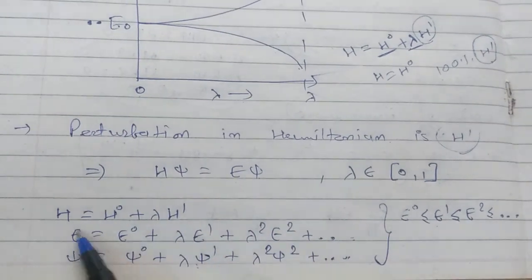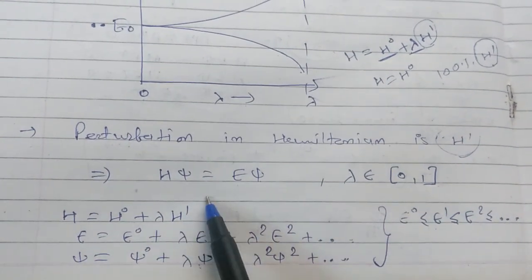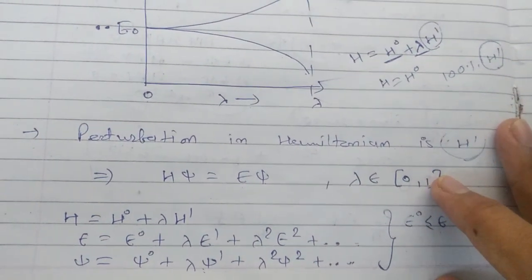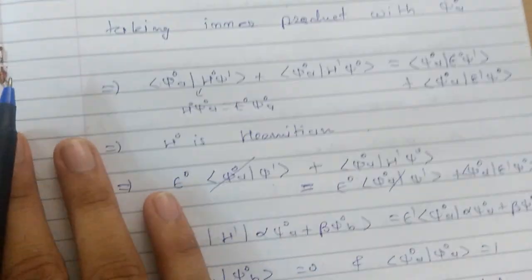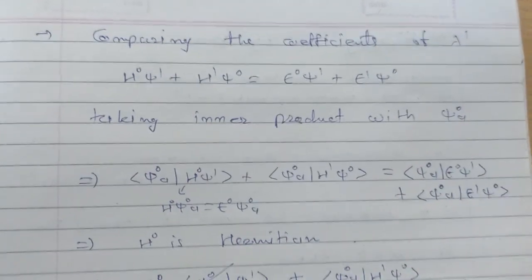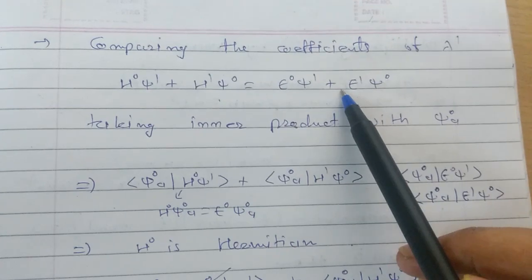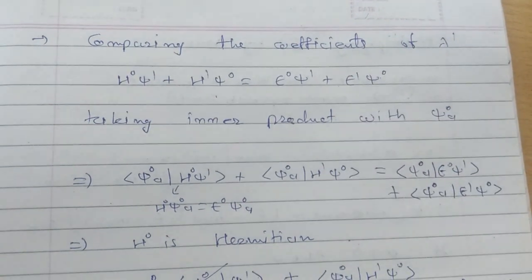Putting the values of H, E and psi in this equation and comparing the coefficients of lambda, we'll get the equation H naught psi 1 plus H1 psi naught is equal to E naught psi 1 plus E1 psi naught.